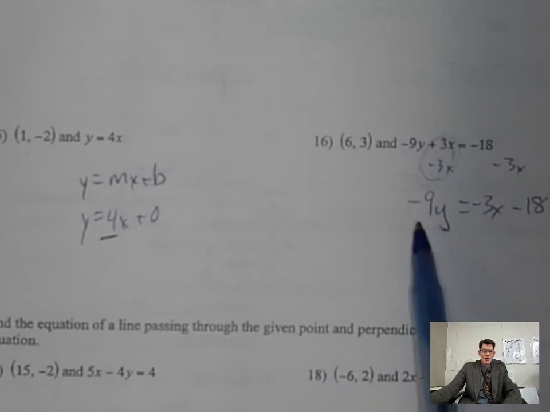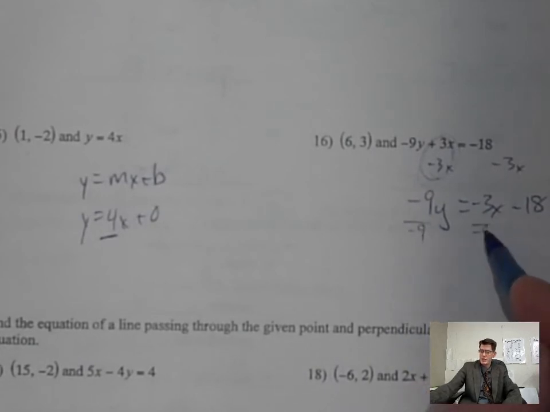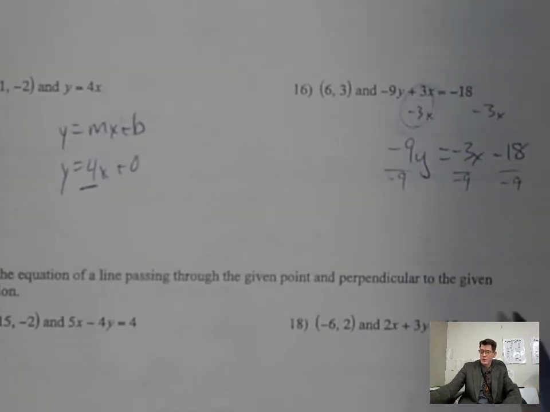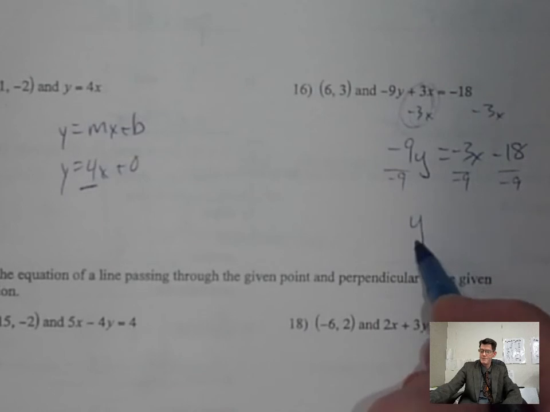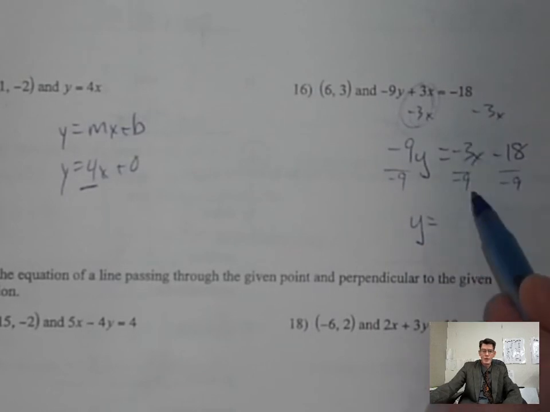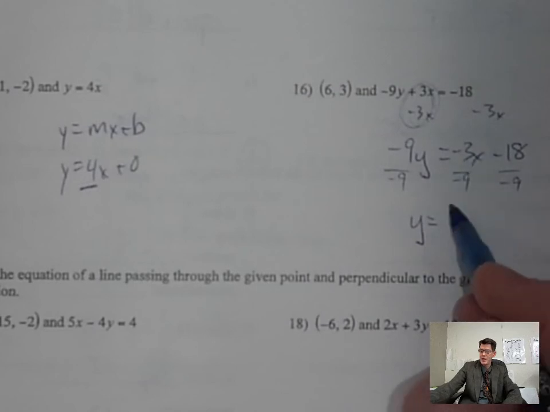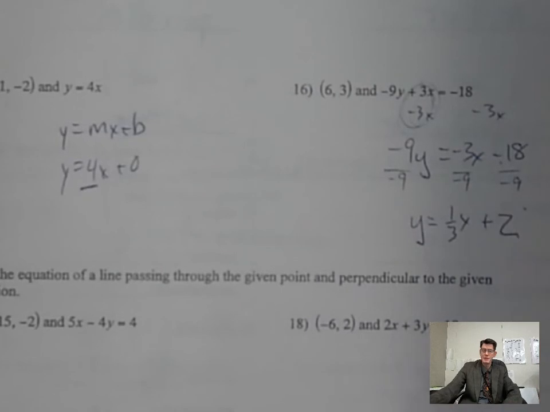Almost in slope-intercept, just divide all the way across by -9. Decreasing everything by a factor of -9 leaves me with 1y equals, if you use your calculator, if you want to reduce that, the negatives go away. 3/9 is 1/3 x. -18 divided by -9 is a +2.